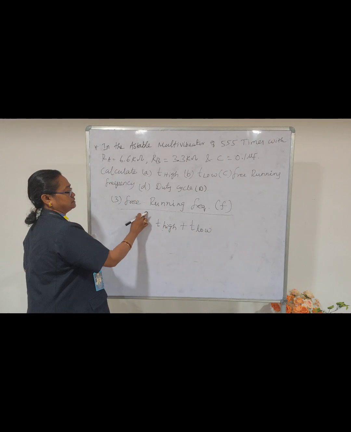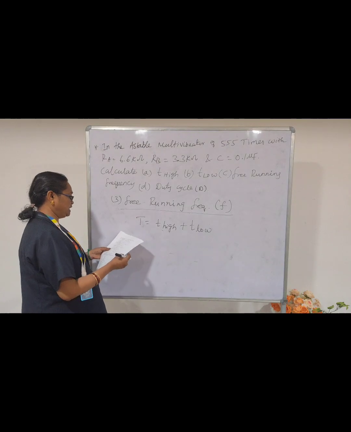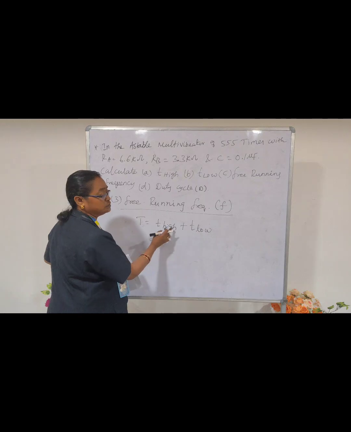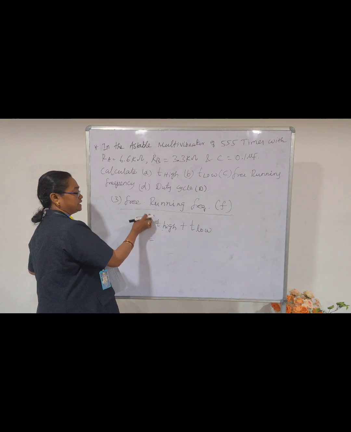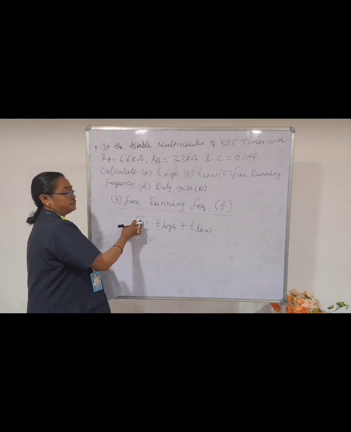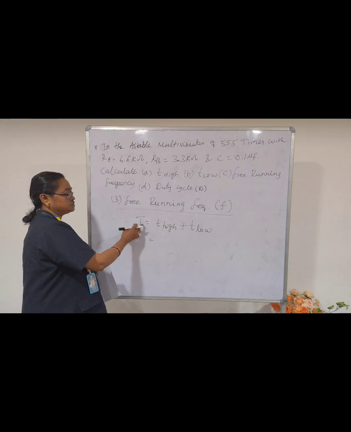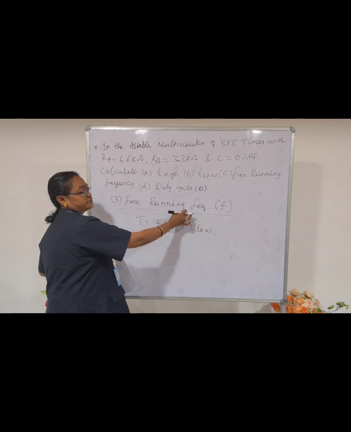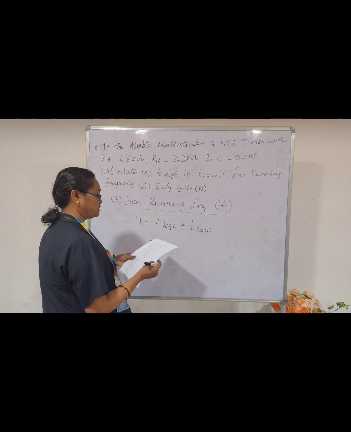We will get total time. So T equal to, you know T high value and T low value, just substitute here, you will get capital T. From this you can find free running frequency. We know F equal to 1 by T. So substitute this T value, 1 by this T value, you will get free running frequency value. Very simple problem.